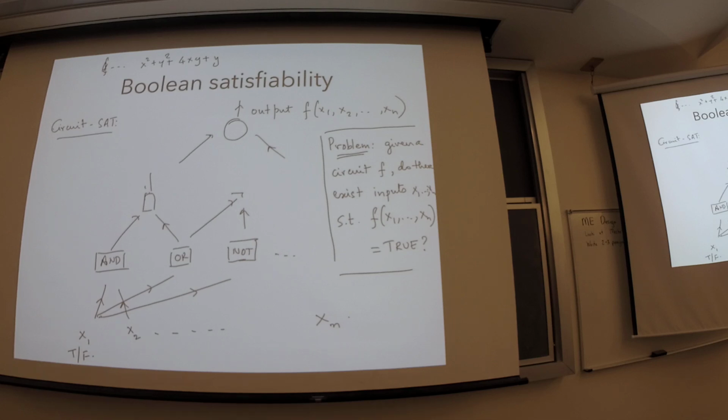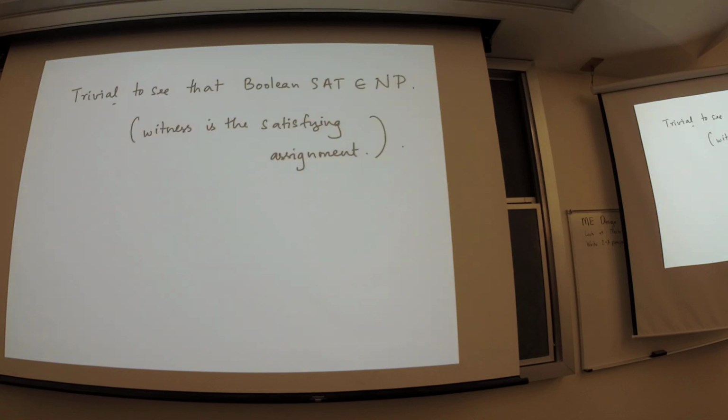So that's Boolean satisfiability. And I just told you that Boolean satisfiability is in NP because you can very easily come up with a verification algorithm. The algorithm takes some witness, which is supposed to be a binary assignment, and it runs the circuit on it.